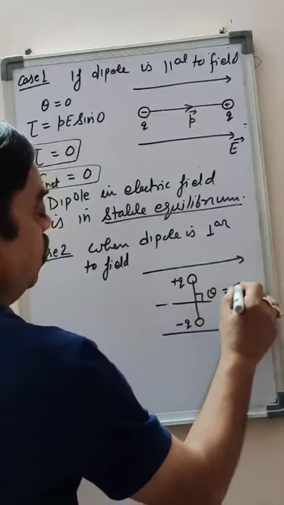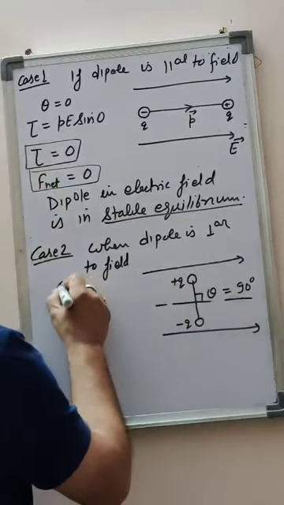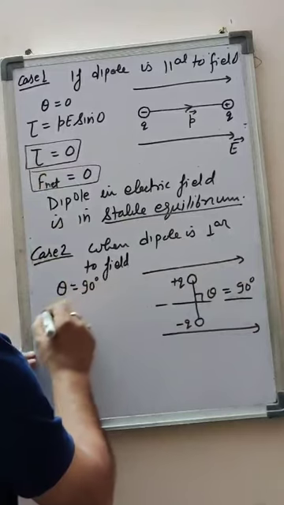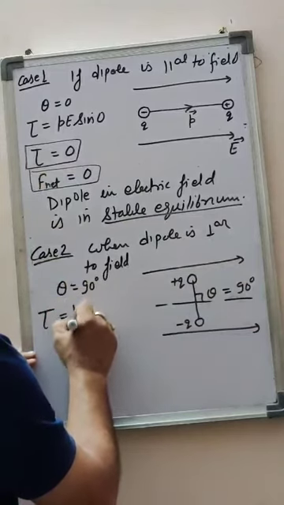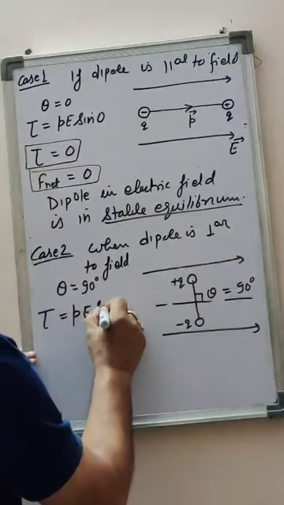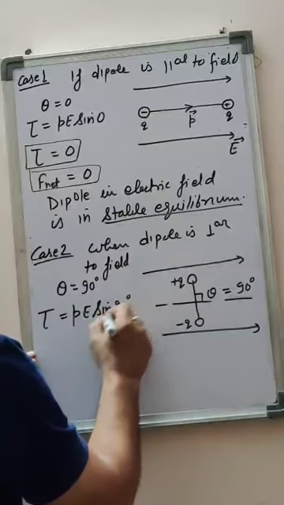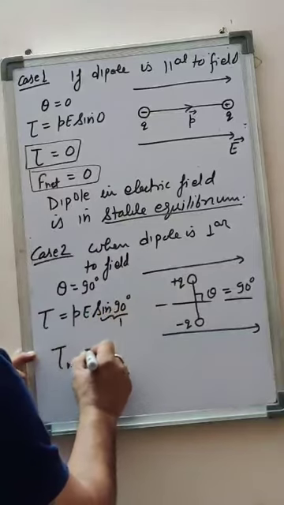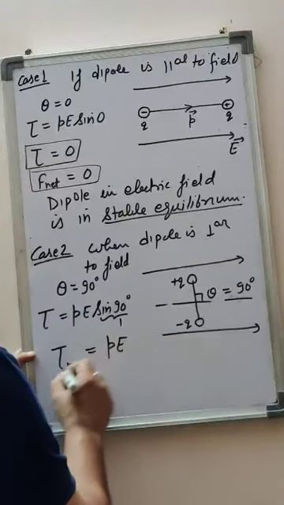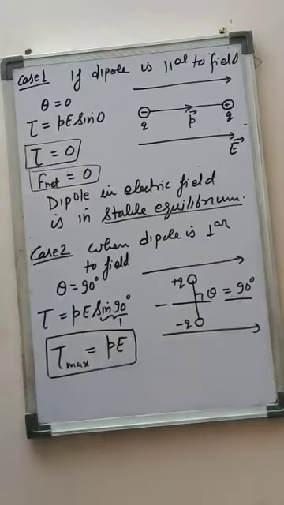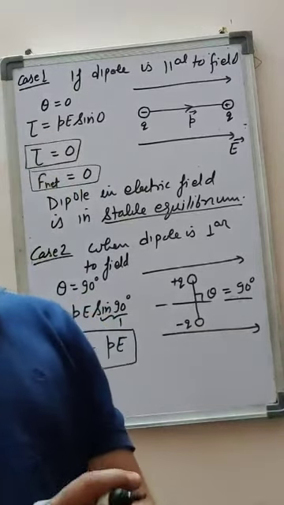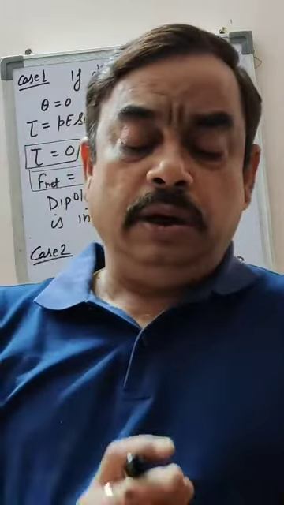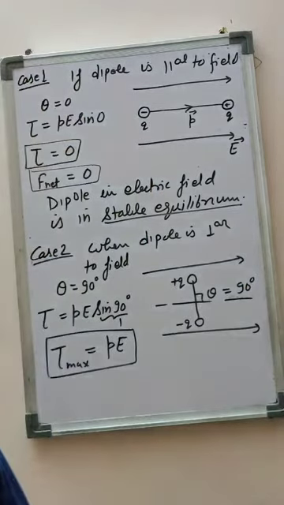If it is perpendicular to the field, theta will be 90 degrees, torque will be pE sine 90, and sine 90 is 1, so the torque will be maximum, p into E. So in this situation, the dipole will experience maximum torque. So when it is perpendicular to the field, it will experience maximum torque.